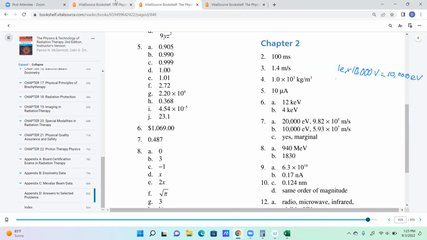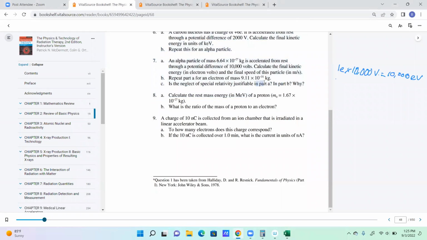So we go up here. We're going to go through the same thing to figure out what the velocity is.